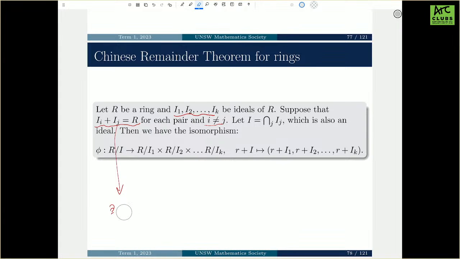So in some sense this is an extension of the coprimality you would see for integers, and it's similar to the Chinese remainder theorem for groups, where we assumed coprimality between two integers.